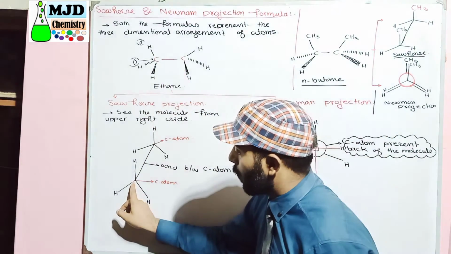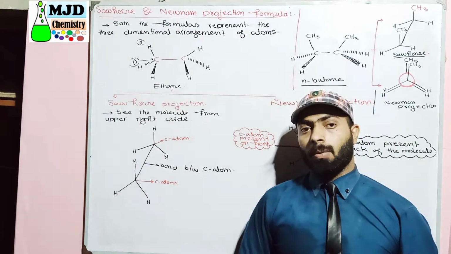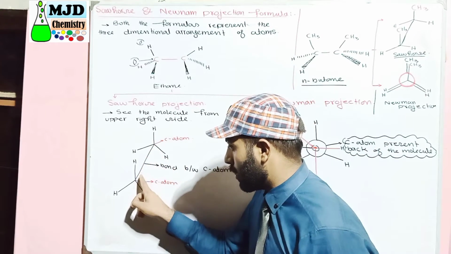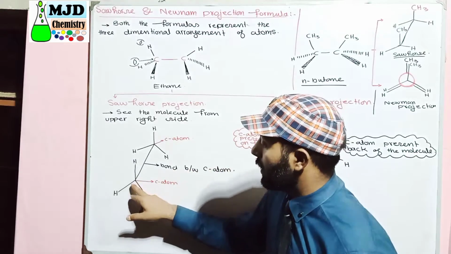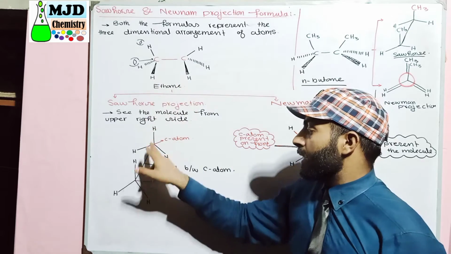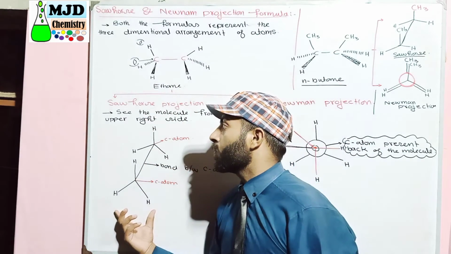This point of intersection and this point of intersection represent the carbon atoms in the molecule. When we look at this bond, the long bond, this represents the bond between carbon atom and carbon atom. This is the Sawhorse projection formula.